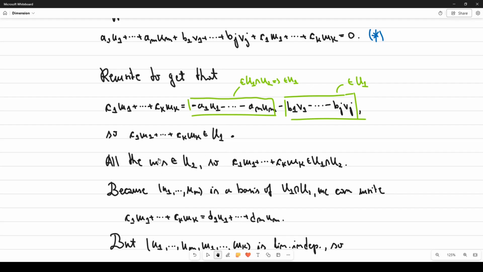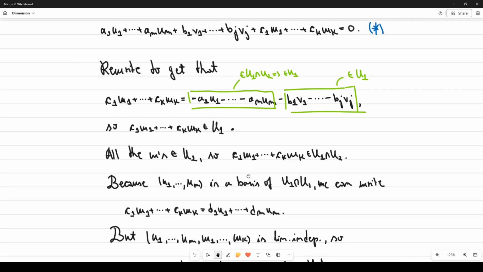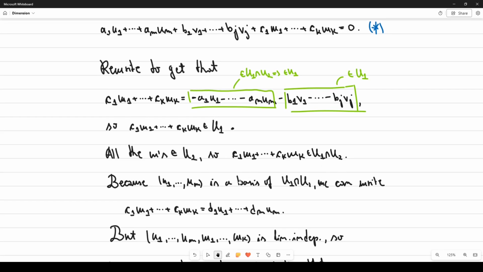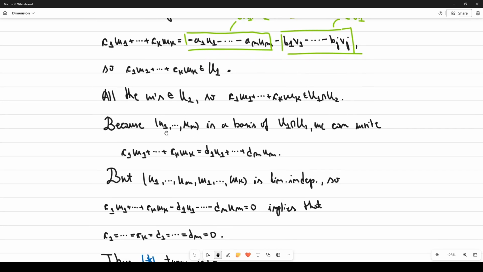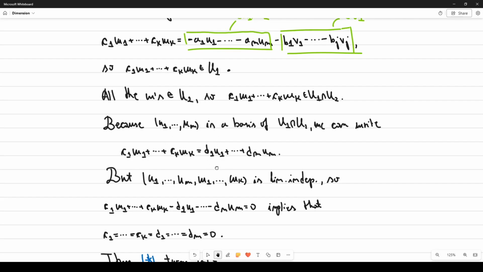And now since all the W's, all of these vectors, belong to U2, we have that this belongs to the intersection, since it belongs to U1 and it belongs to U2. And now, since this is a basis of the intersection, we can write this as some linear combination of the vectors in the basis.